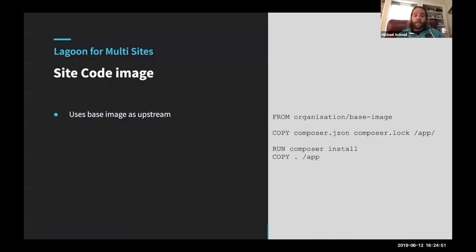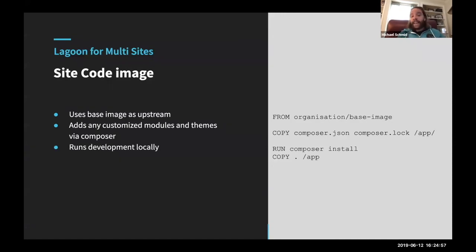And the system itself works with both of them. So we can see it uses the base images. You can add anything you want to it via Composer or via any other tools. And again, because this is now a container, you can run it locally. So as a developer, I add my composer.json and my composer.lock, and I run it locally, and I have all the base stuff, the core modules and themes in there, plus my own.